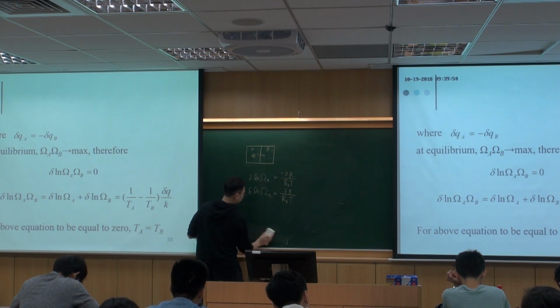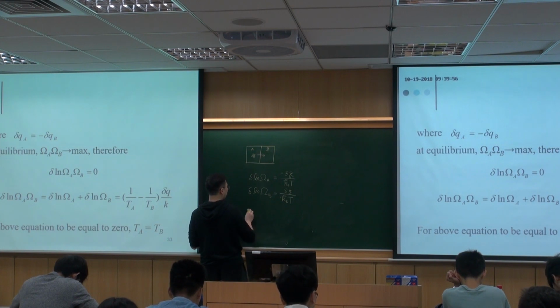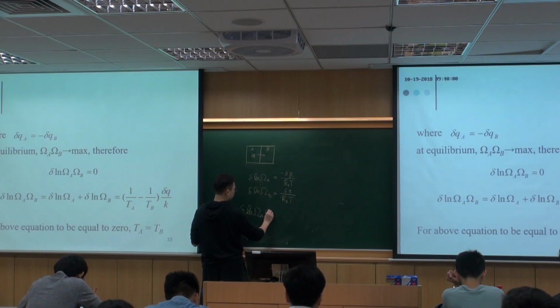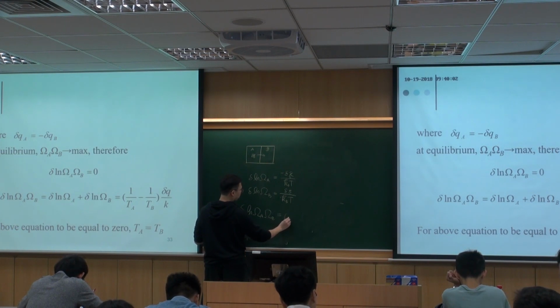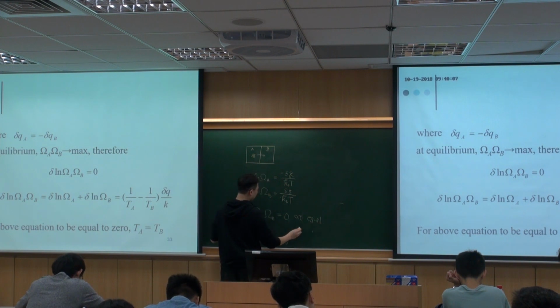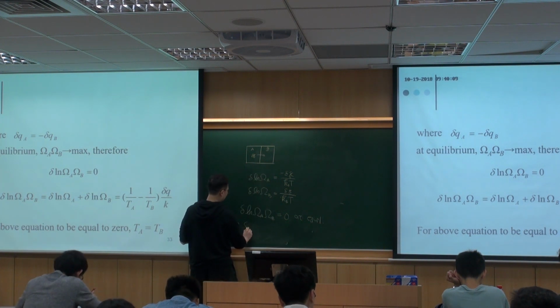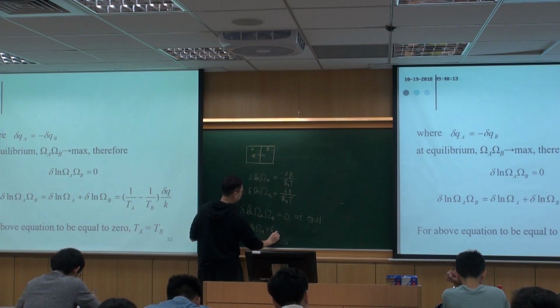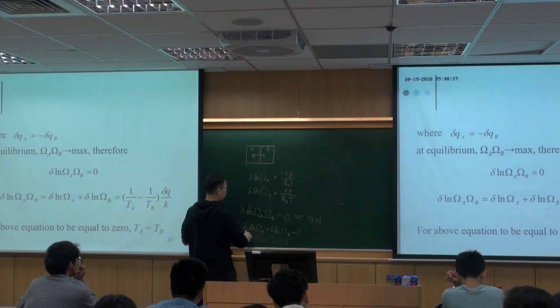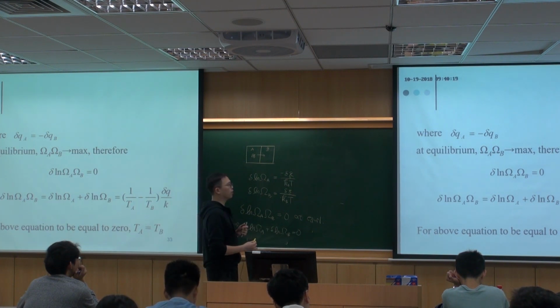So we know that this should be 0 at equilibrium. Therefore, if you add these up, it should be 0.